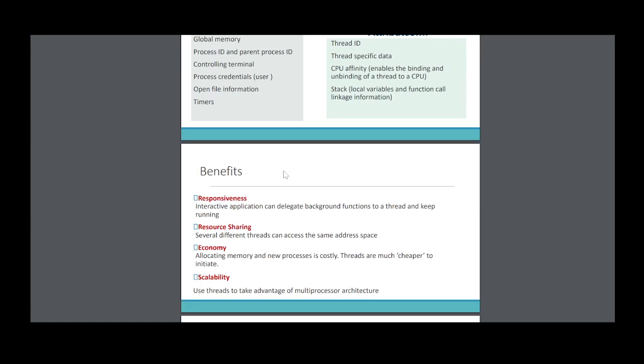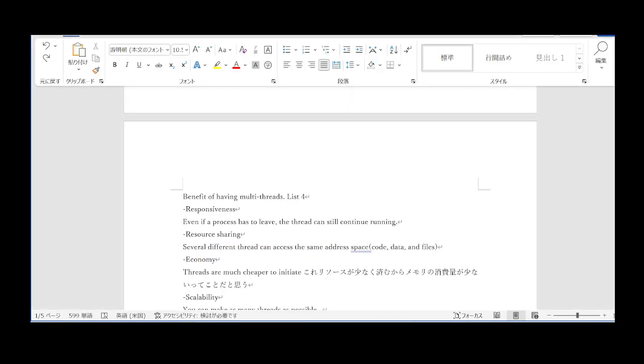So yeah, the benefits of multi-threads. First, responsiveness. Even if a process has to wait, the threads can still continue running. This is one of the advantages. And resource sharing. As I said, several different threads can access the same address space.